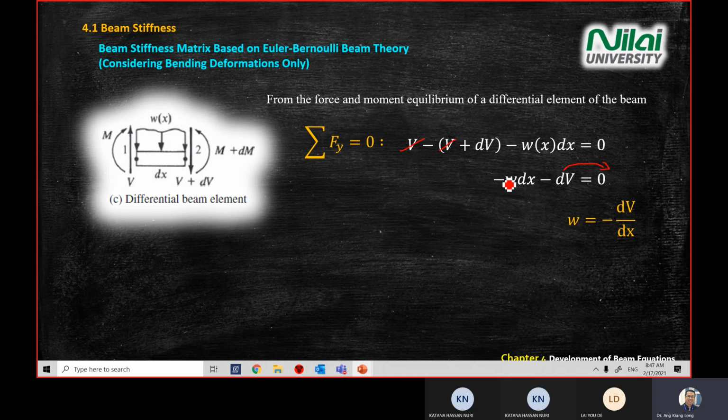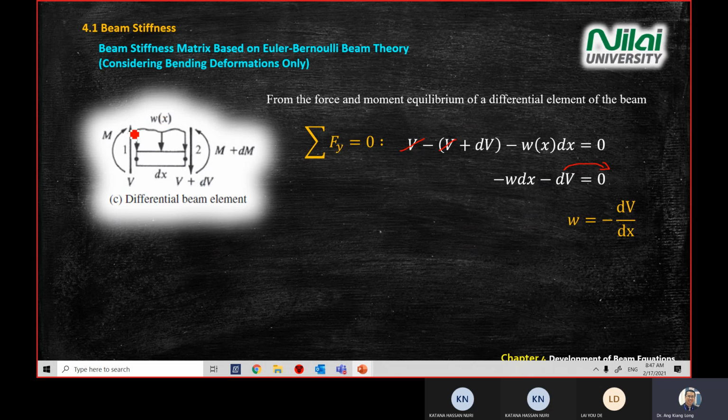However, the negative sign here, you move to the left, you carry together, divide by dx, you get your distributed load equal to negative dV over dx. So this is the first equation we define for your W. Your W is the differentiation of your shear loading, but with a negative sign.